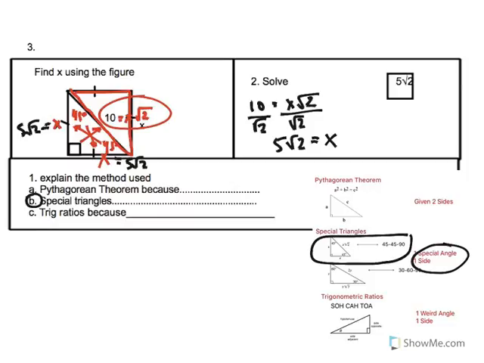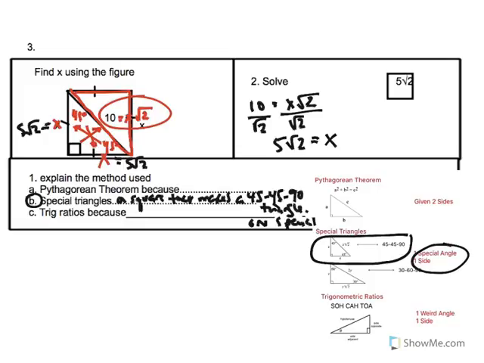Let's solve for x. We find that x equals 5 times the square root of 2. We put it into the figure here. And we get x equals 5 square root of 2.